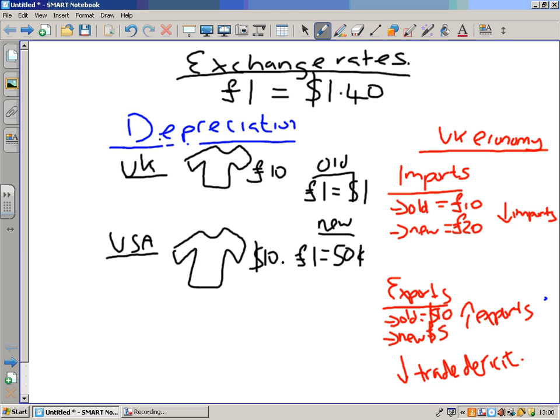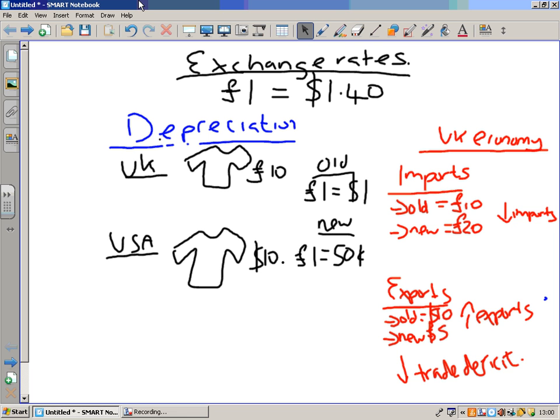So on the face of it, it looks good. UK businesses should become more competitive, increase their exports. This in turn should lead to job creation in the UK economy and lead to economic growth. However though, if you're a business which relies on importing raw materials from abroad, potentially now your raw materials become more expensive due to the pound becoming weaker. This might mean that your costs rise, cost push inflation.